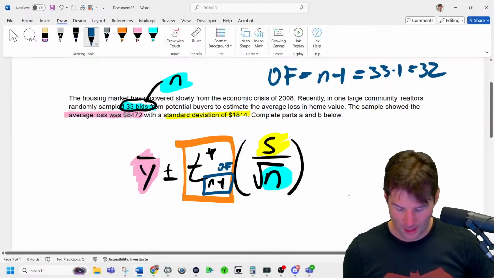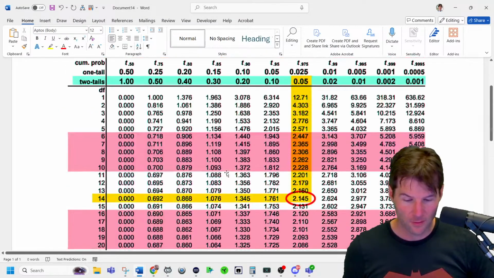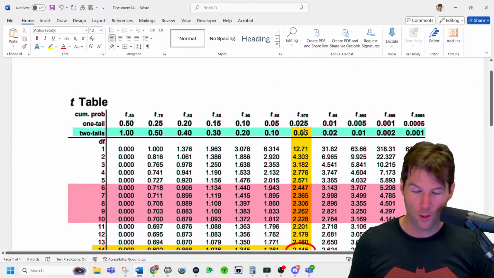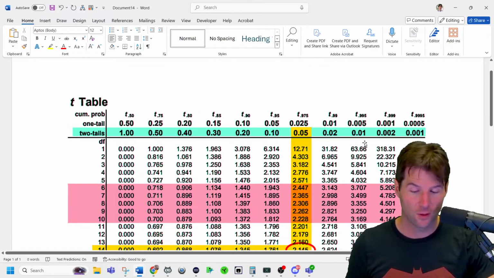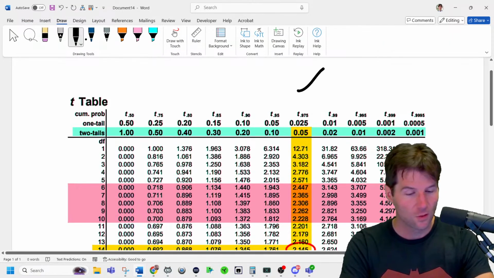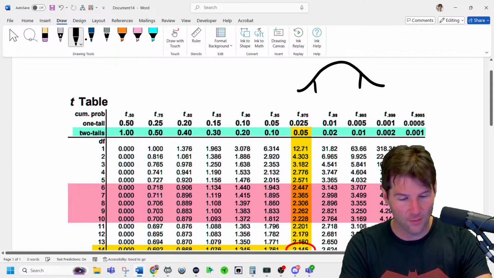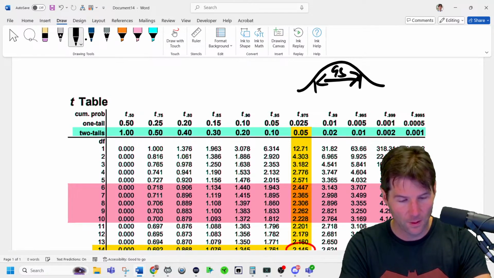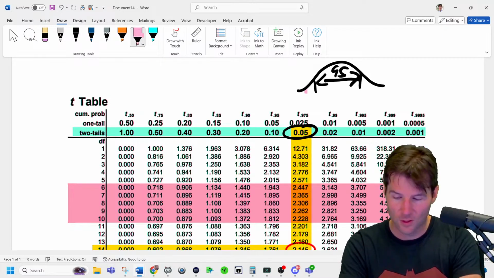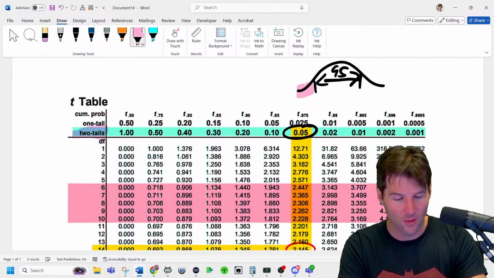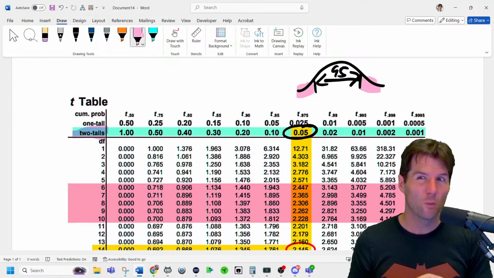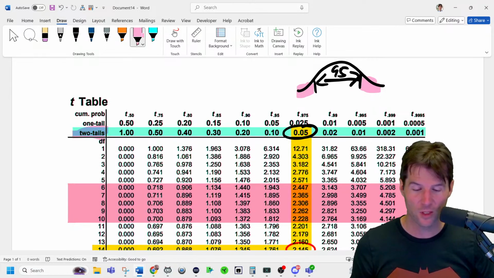Back in the day, or maybe you've seen this, DD, people have t-tables right here, where I would have to say, I want a 95% confidence interval, which relates to 5% on the outside. So a 95% confidence interval with 95% in the middle would have 5% in the tails. When it says two tails, it's talking about this amount right here, that 5% left over in the tails. That would be the proper t-score for 95% confidence.